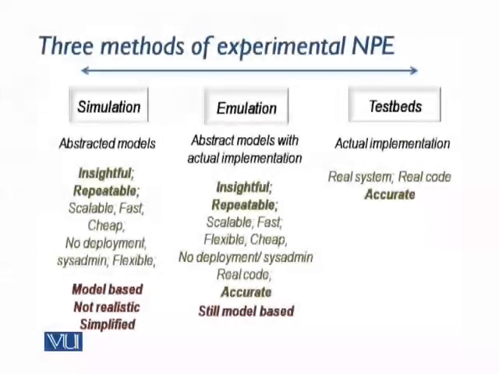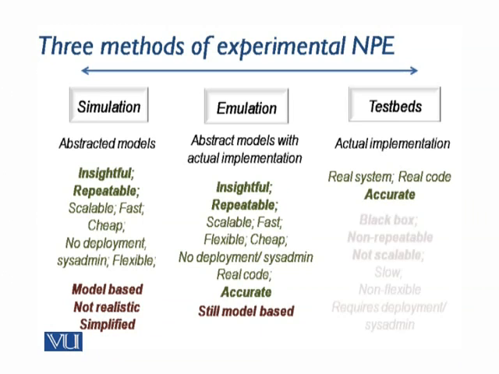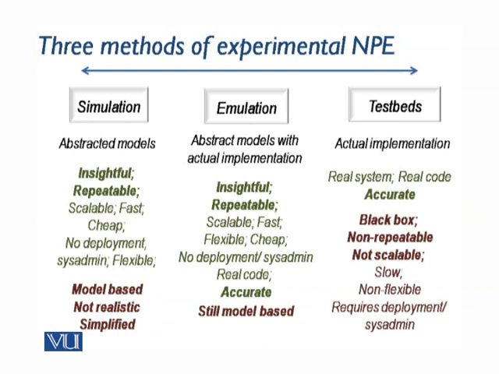So a way of doing that is the way of doing experimentation on a test bed. But then you only have limited advantages. Obviously, this advantage is a big advantage that you have a lot of realism, but then you have many significant disadvantages. The disadvantages are that this testbed is like a black box.